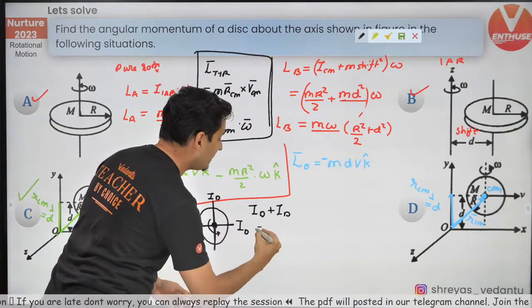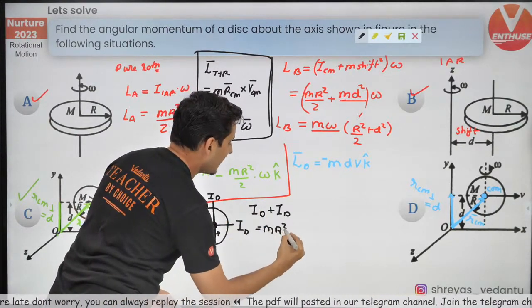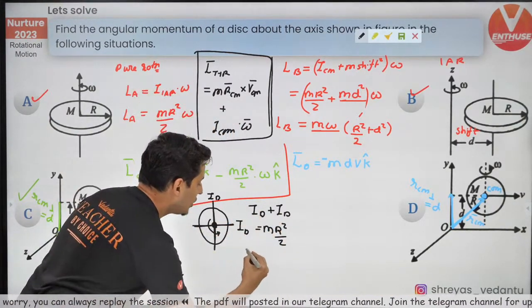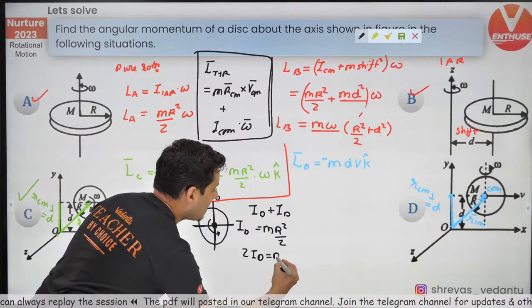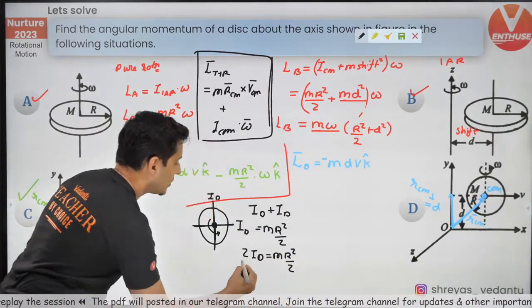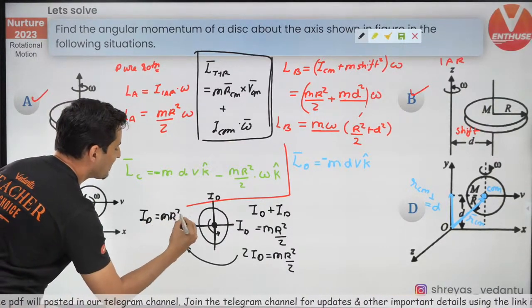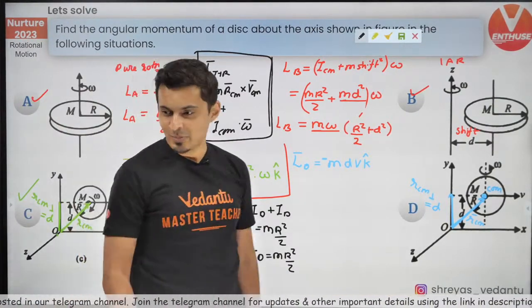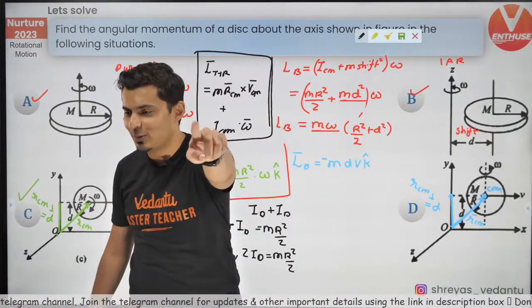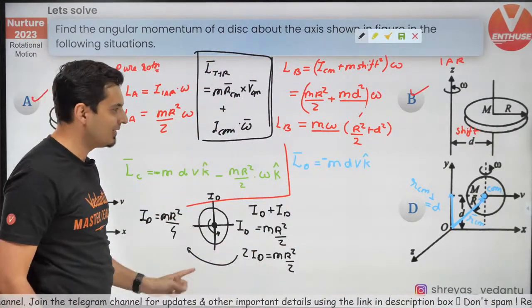That will be MR square by 2. So 2ID is MR square by 2. Therefore ID will be MR square by 4. Getting it? Wow, beautiful. Most of you had put it up before I solved.